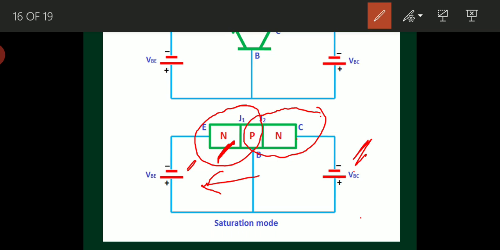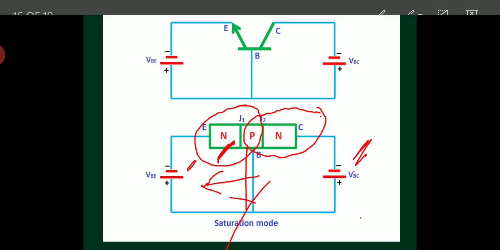A large amount of current can flow through the transistor. So we can say that the transistor is now operated as an on switch.